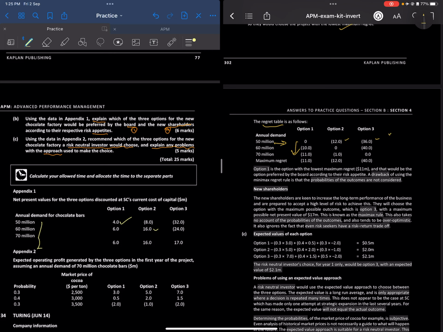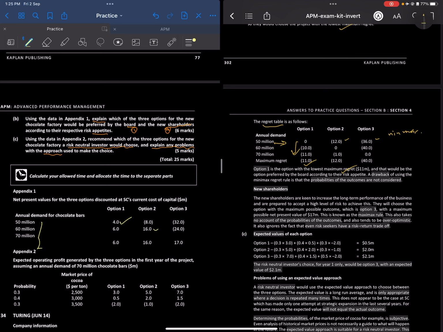Okay, minimax, right? We choose the maximum first of all, and then among that we choose the minimum, which is 11 million. So we choose that 11 million regret, so that will be our lowest maximum regret.